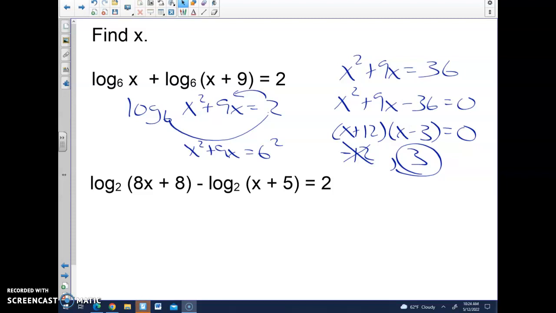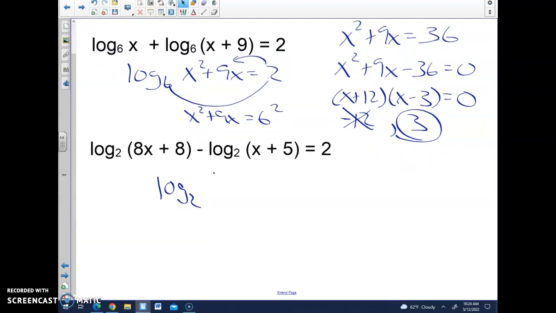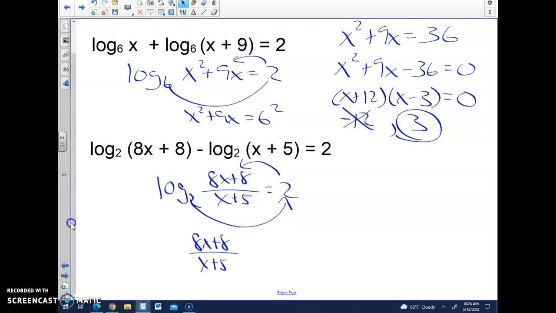With subtraction, we're dividing. Log base 2 of 8x plus 8 over x plus 5 equals 2. This raised to this equals this. So it becomes 8x plus 8 over x plus 5 equals 2 squared. All right, there's no log on this side, so I just can't set them equal. I've got to do the base raised to the exponent.